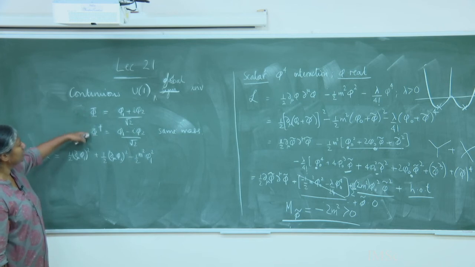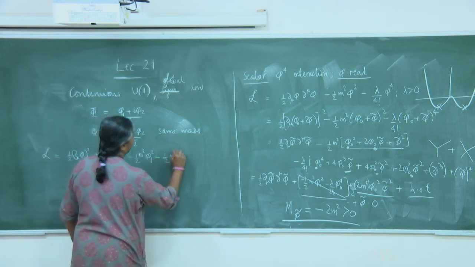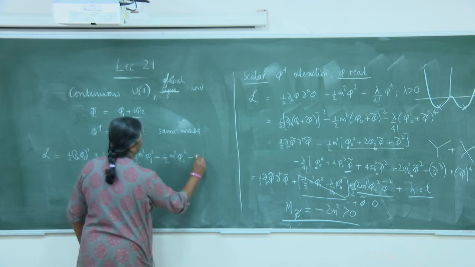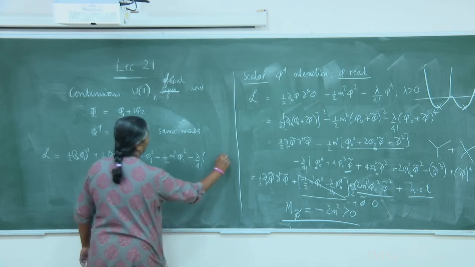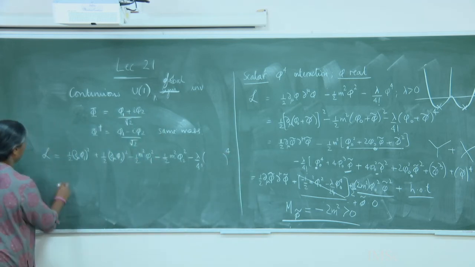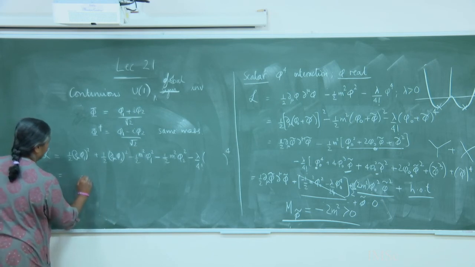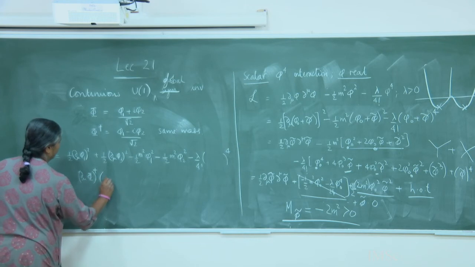So any particle which is charged has a phi and phi dagger separate. Minus half m squared phi 2 squared, minus lambda by 4 factorial, phi to the power 4, okay. So this can be written in compact notation as d mu phi dagger d mu phi.